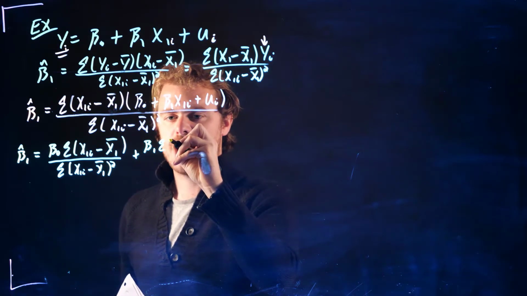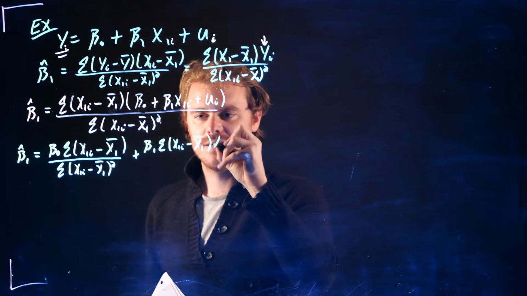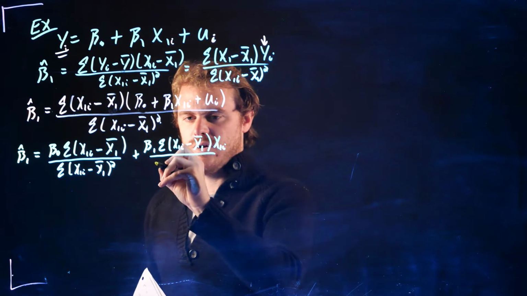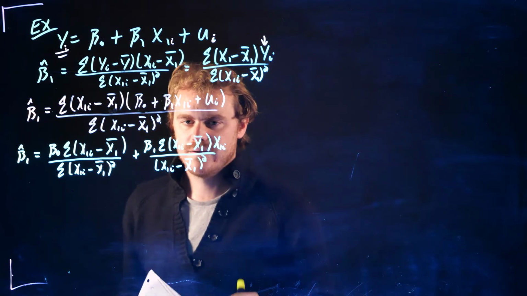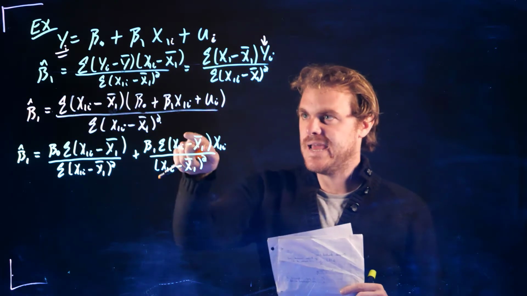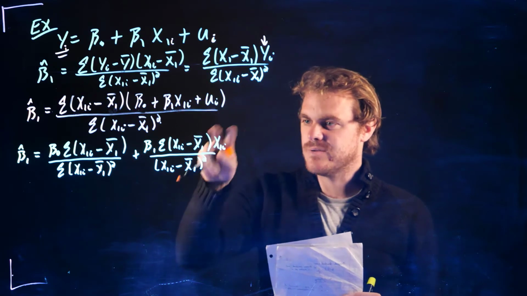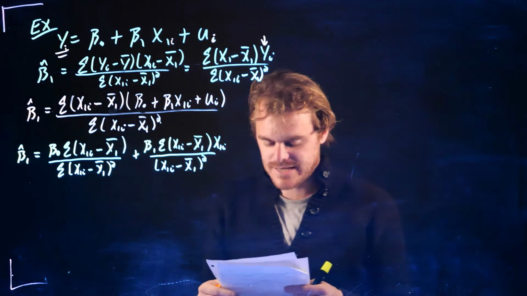Now in our brackets, we have x1i minus x1 bar times x1i over the sum of (x1i minus x1 bar) squared. And we're going to use a mathematical equivalent of this, like what we did up here, in a second.